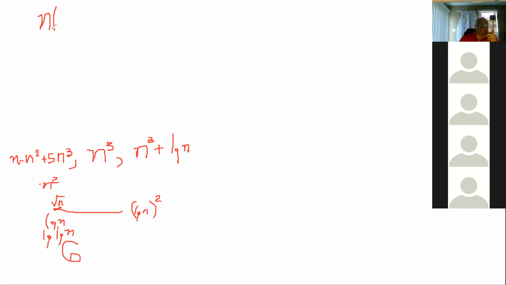All right, then closer to n factorial, we'd have 2 to the n. Is there a difference between 2 to the n and 2 to the n minus 1?